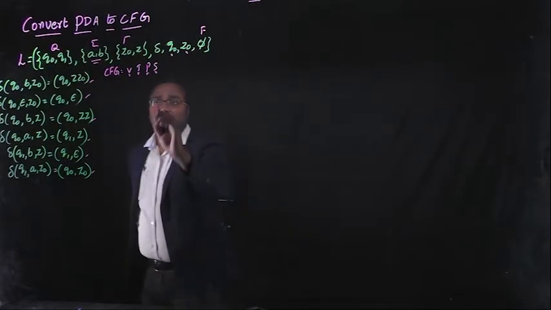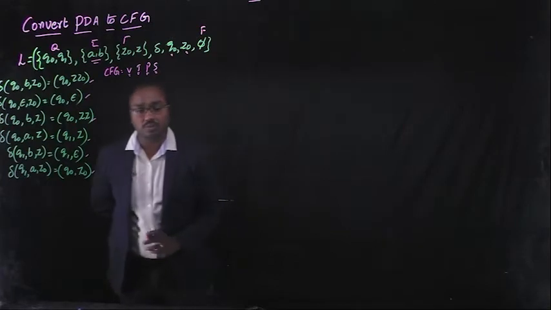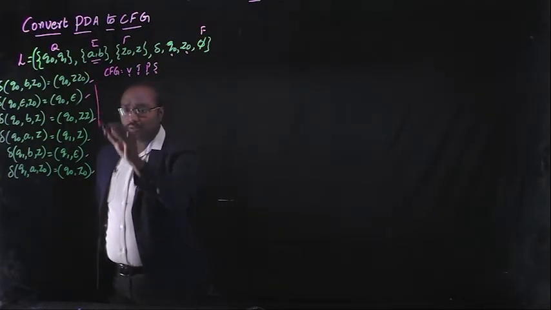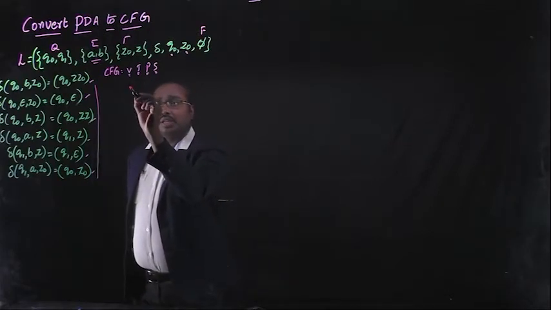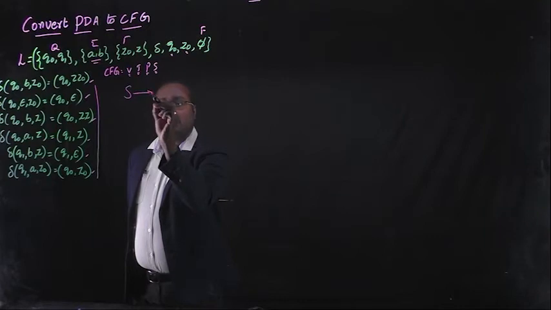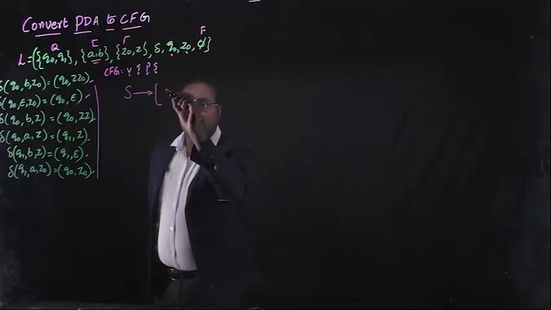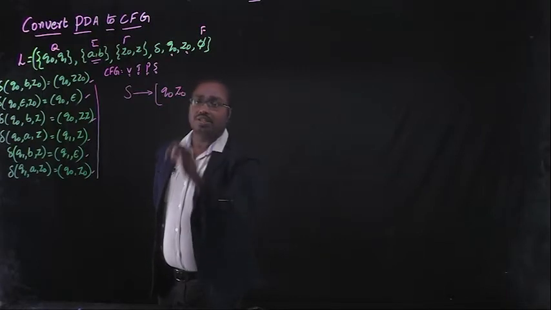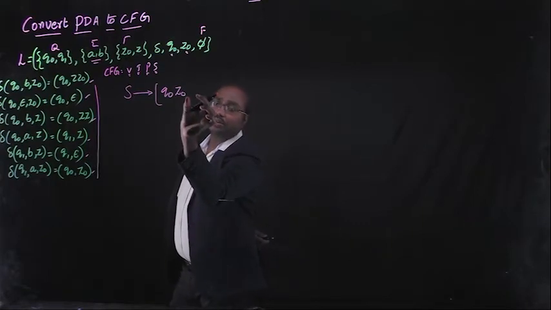So S productions. So first we have to write the S productions. Then how to write the S productions? So these are the transition functions. So first we have to write the starting productions, S tends to. So how to write these S productions? First initial state Q naught, stack's initial symbol Z naught. Then we have to write the combination of a set of states.